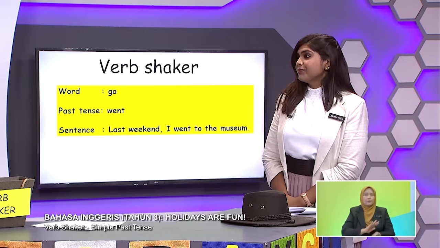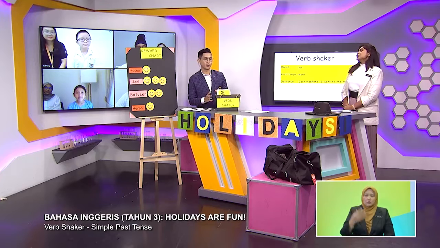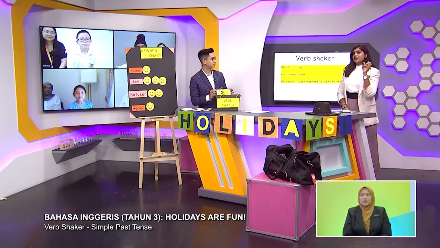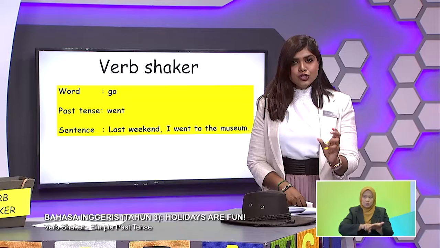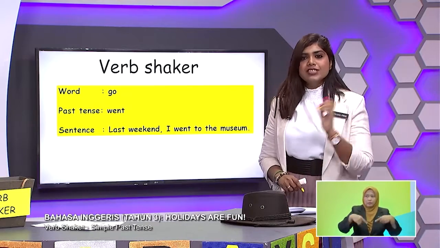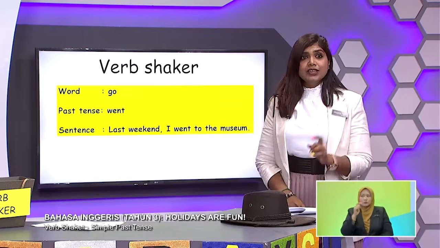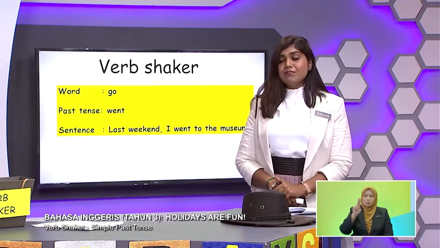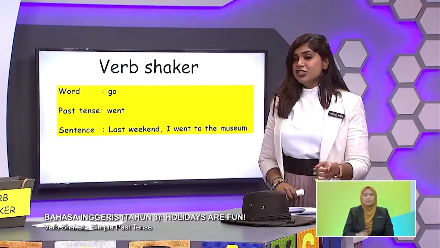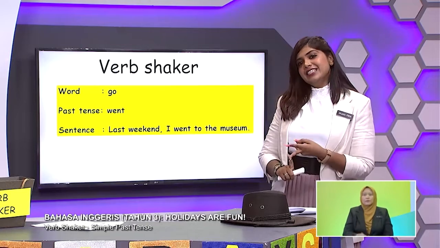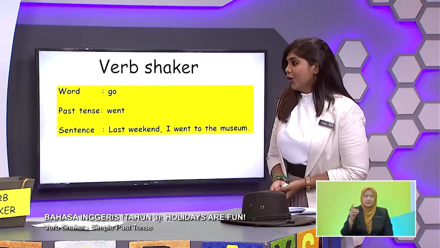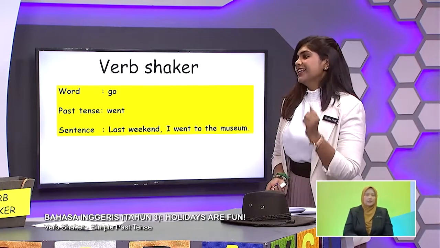So that is the activity. You need to give me the past tense form and also a sentence using the past tense. So here, pupils, you must remember that for some words you need to add d or ed and some don't change at all.